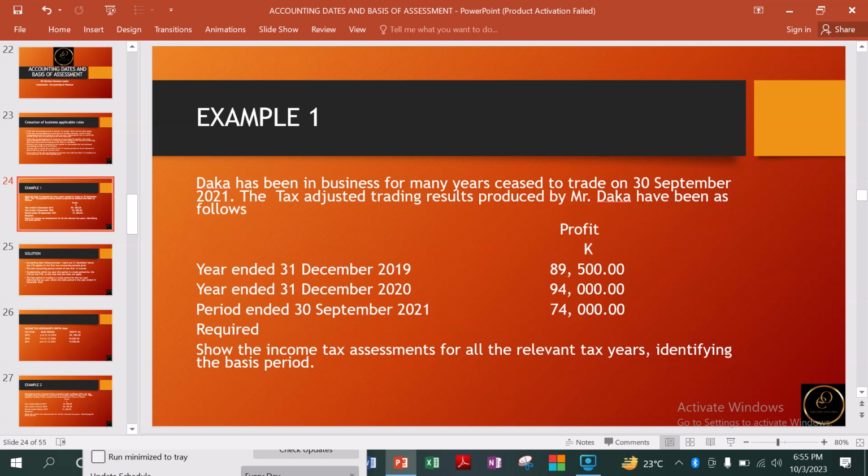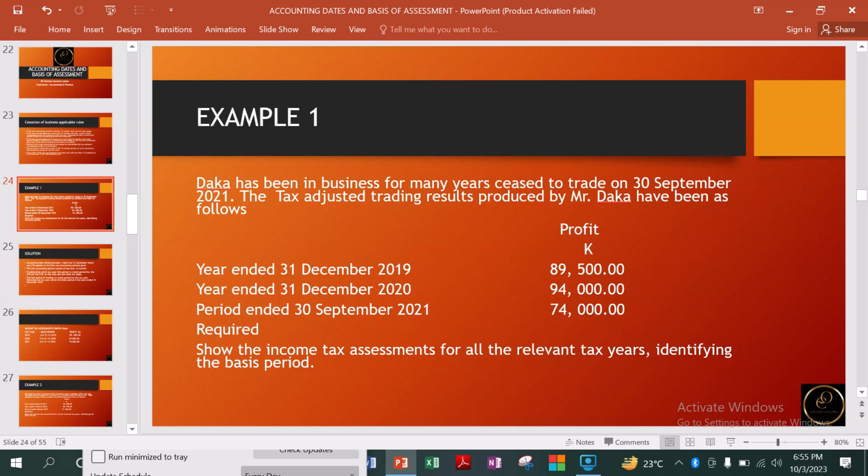Year ended 31st December 2019 with an amount of 89,500 as profit. We also have year ended 31st December 2020 accompanied with an amount of 94,000 kwacha. The third period is less than 12 months. We have period ended 30 September 2021 and the amount is 74,000.